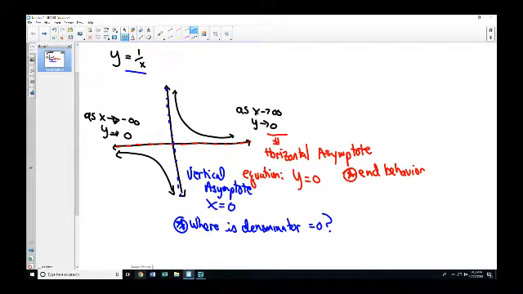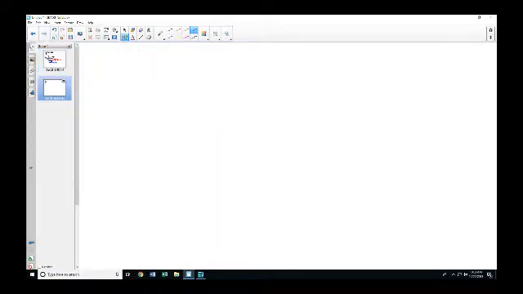I'll show you some situations where those come about, and some more difficult rational functions where we have to calculate those values. Good? Just definitions. All right. Okay. Let's look at some rational functions.